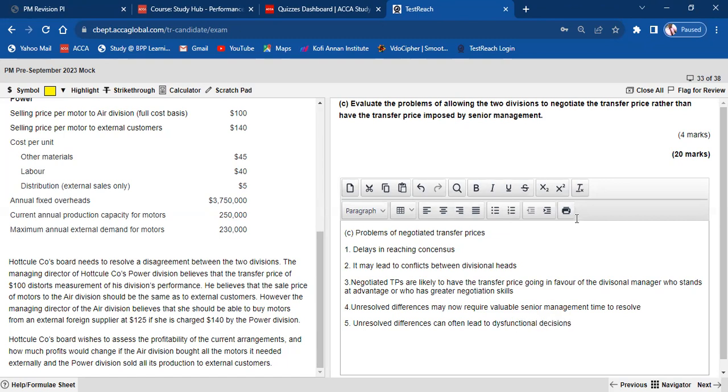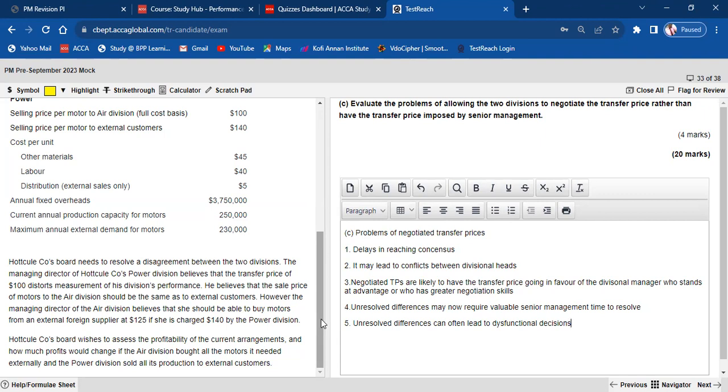I can even cite the example in Hottcule and say that, for instance, the 20,000 unpurchased items from the external market of the power motors could have been bought by the air division if they were able to agree.